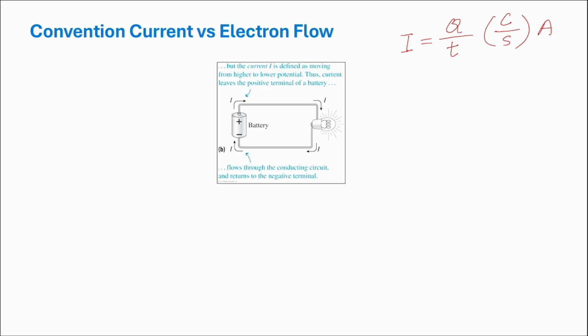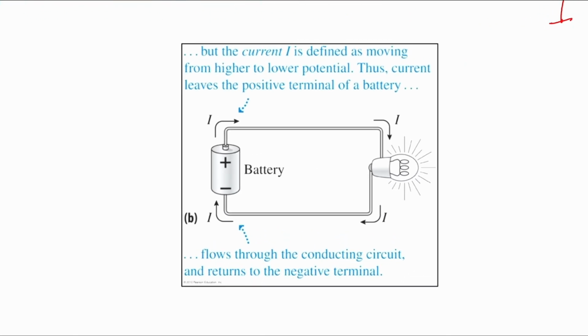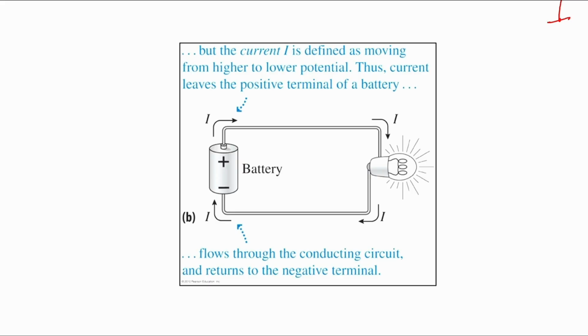Now this is a simple electric circuit. We have a battery connected to a light bulb. The electric current means we assume there's some charge. Now we know there's two types of charge. It can be positive or it can be negative.